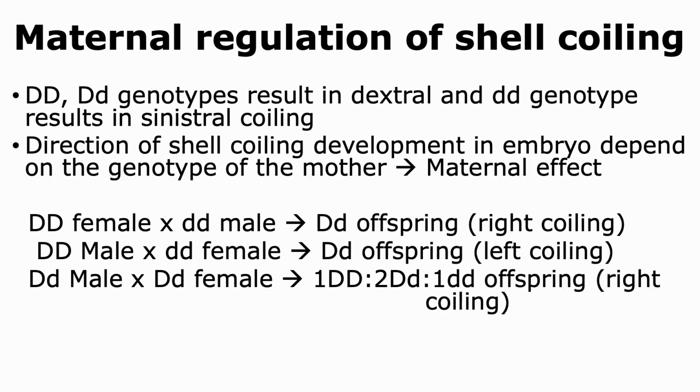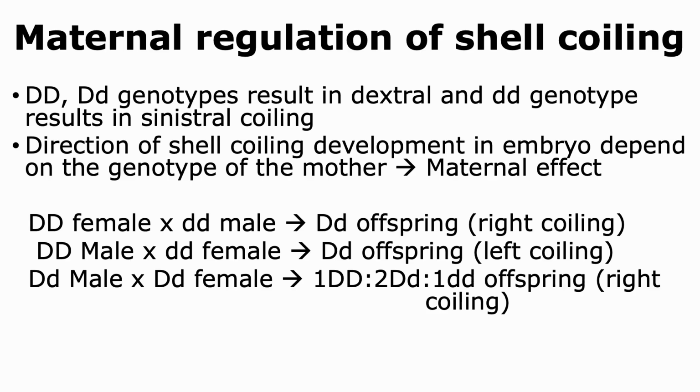Capital D small d would also be dextral coiling, whereas small d small d would be sinistral coiling. However, in this case, we actually see that all the offspring will show right coiling. And the reason that they will show right coiling is because, once again, pay attention to the genotype of the mother. The genotype of the mother is going to be dextral because it is capital D small d, and hence all the offspring will show right coiling or dextral coiling.